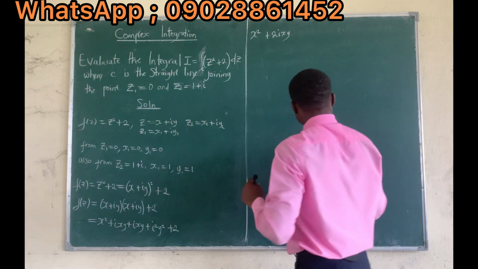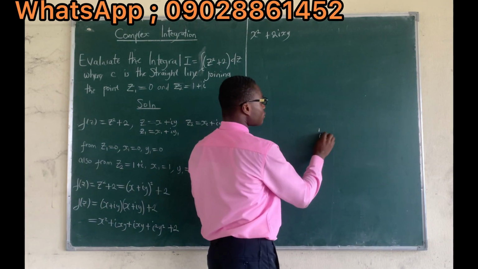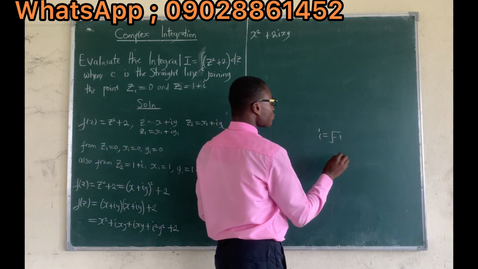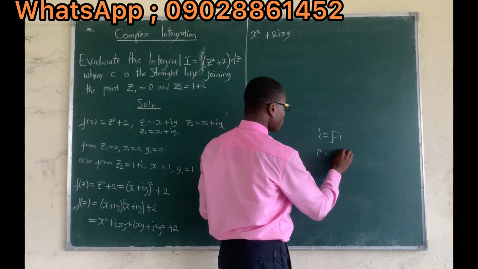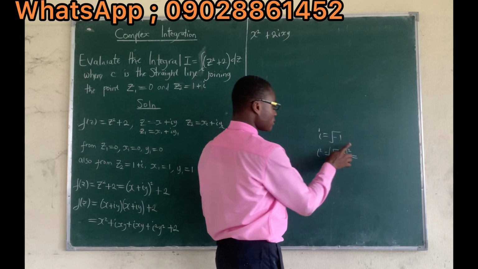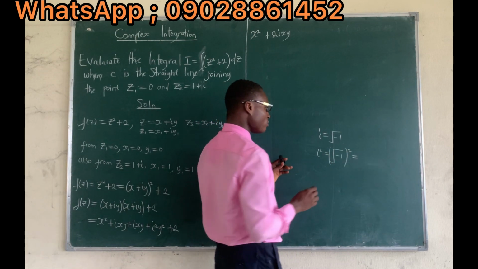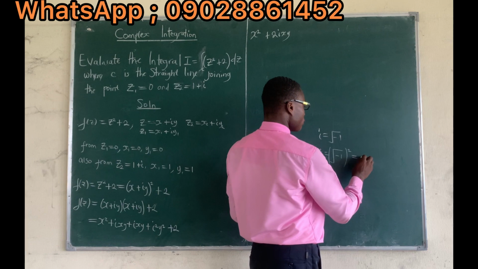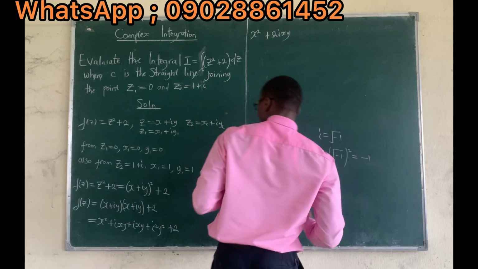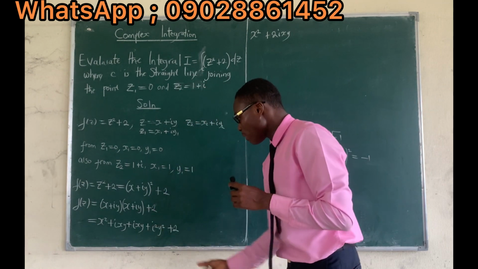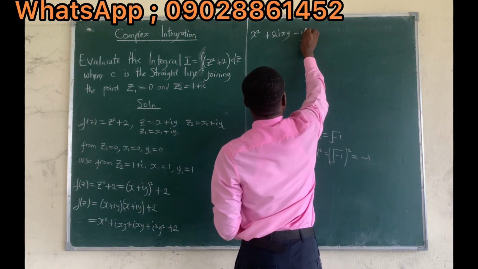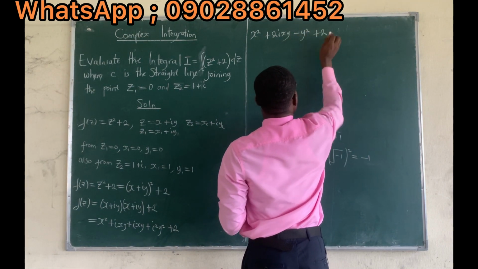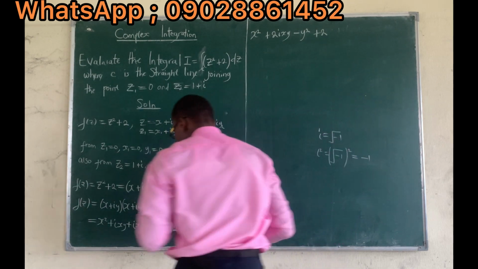So if i is equal to the square root of minus 1, it means that i squared will be equal to the square root of minus 1, squared. Because the square will cancel the square root, this implies that i squared is equal to minus 1. So we have i squared y squared equal to minus 1 times y squared. This will give us minus y squared plus 2.